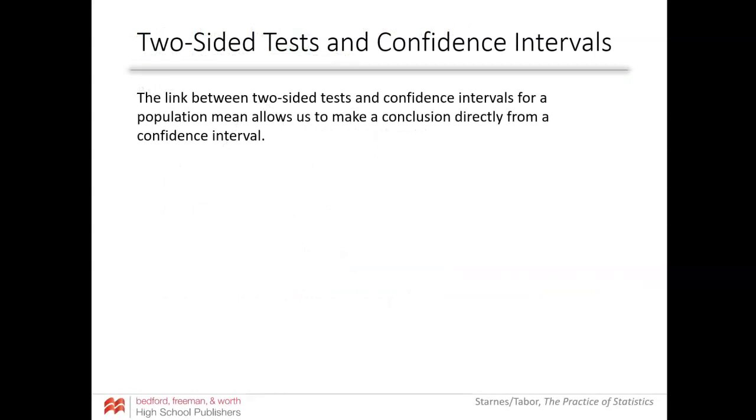All right, so now to talk about two-sided tests and confidence intervals and how they go hand in hand. So we kind of talked about this back in chapter 9, I think, with the proportions, but now we're going to talk about the means. So there's a link between two-sided tests and confidence intervals for a population mean, and you can actually make a conclusion for inference based on the confidence interval.